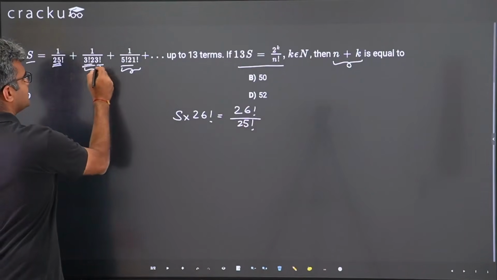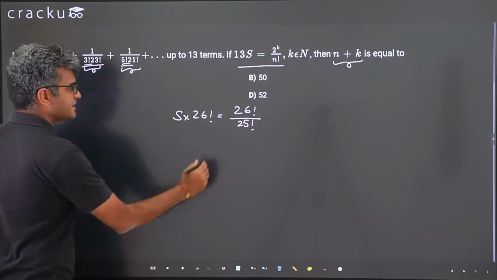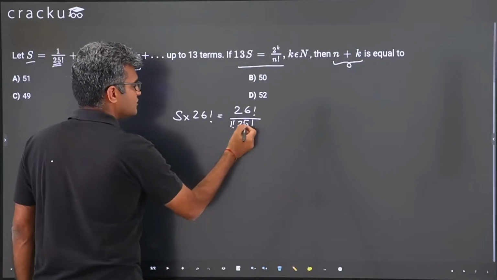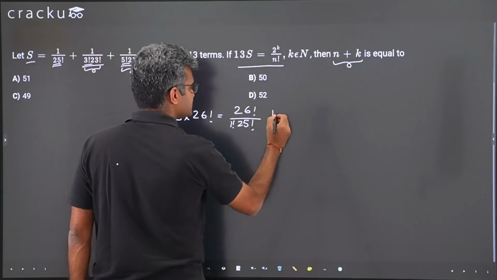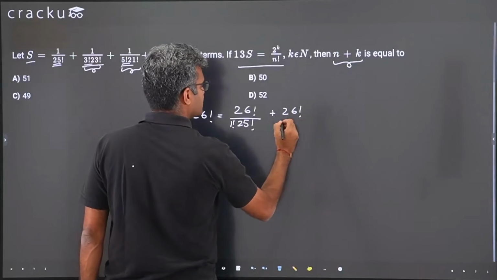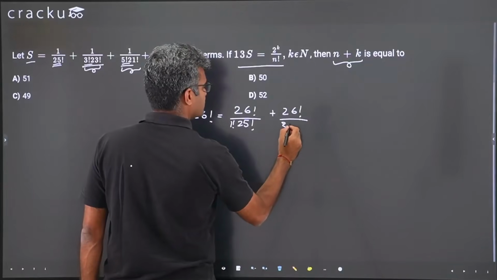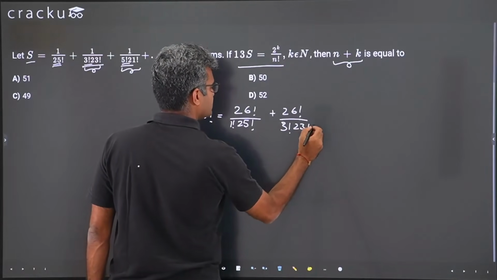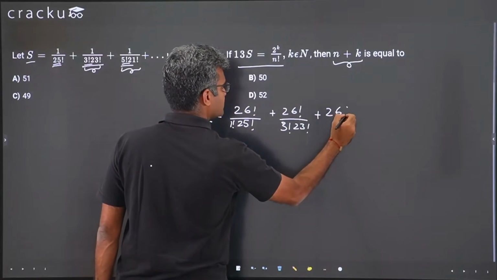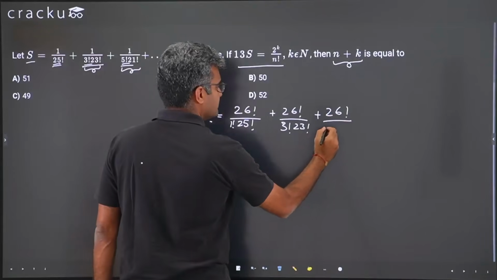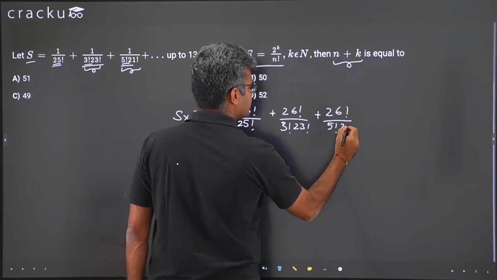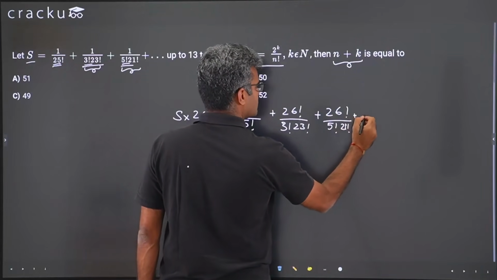Just because all the denominators have 2 terms, we can write this as 1 factorial into 25 factorial plus 26 factorial divided by 3 factorial into 23 factorial plus 26 factorial divided by 5 factorial into 21 factorial plus dot dot dot.